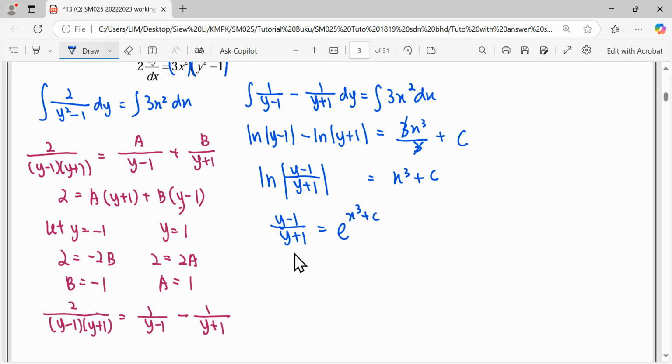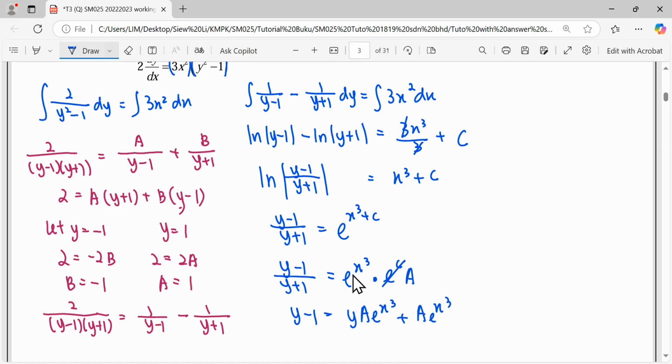At the same time, y minus 1 over y plus 1 is equal to e to the x cubed plus c, which means e to the x cubed times e to the c, and this can be simplified as A e to the x cubed. Then we do cross multiplication, so y times out will become y times A e to the x cubed plus A e to the x cubed.